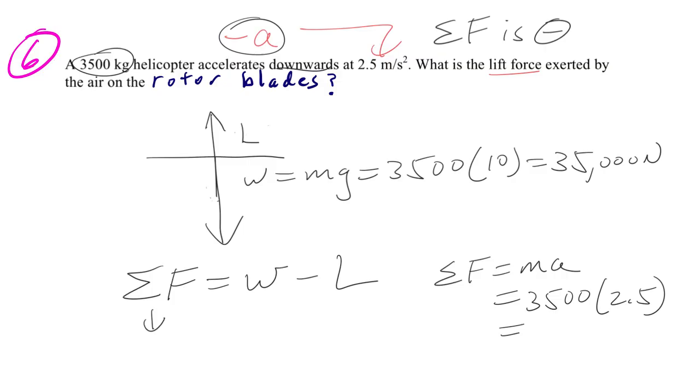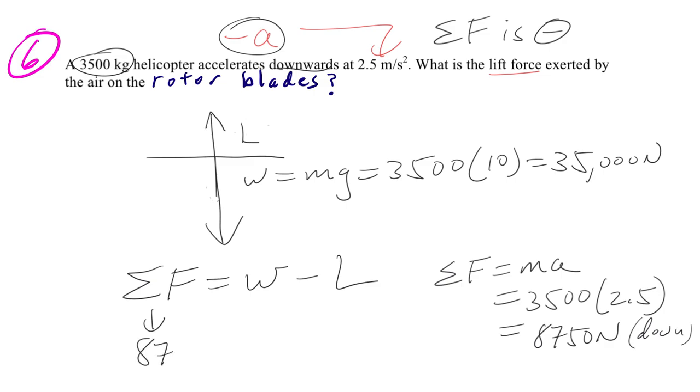So net force, 3,500 times 2.5 is 8,750. Now that is downwards.